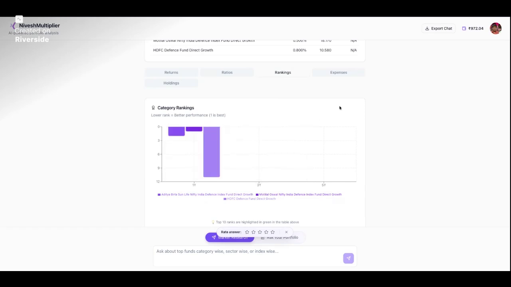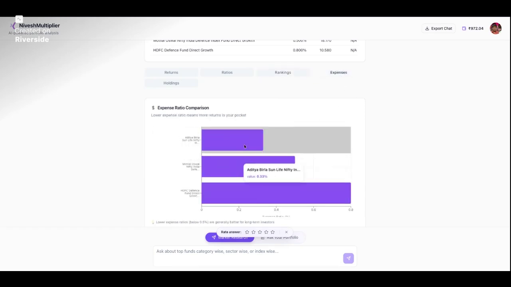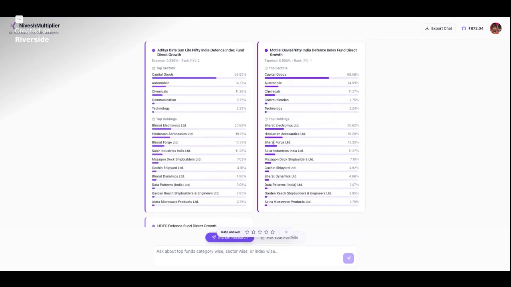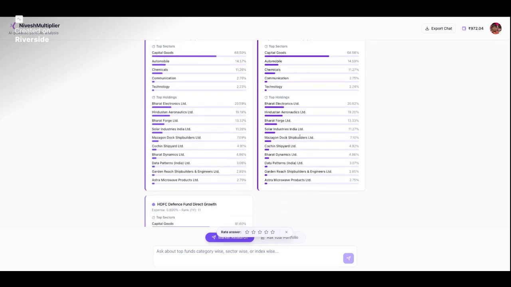Expenses are like this, and holdings is where I would be interested. Almost all these mutual funds are putting money into the same Bharat Electronics, Hindustan Aeronautics, and the percentage allocation also looks the same, at least in these two. Bharat Forge, then Mazagon Dock Shipbuilders.